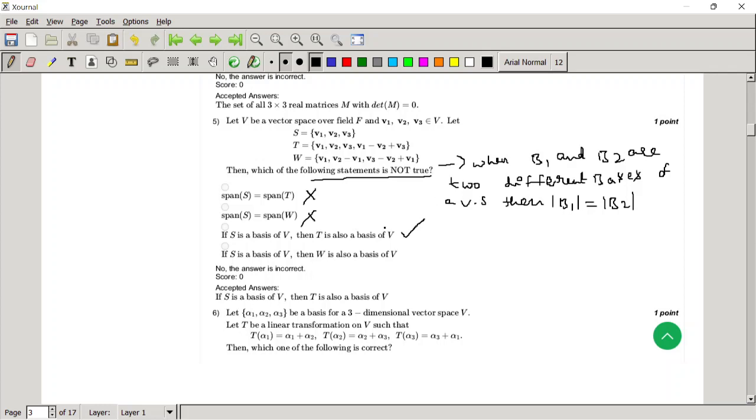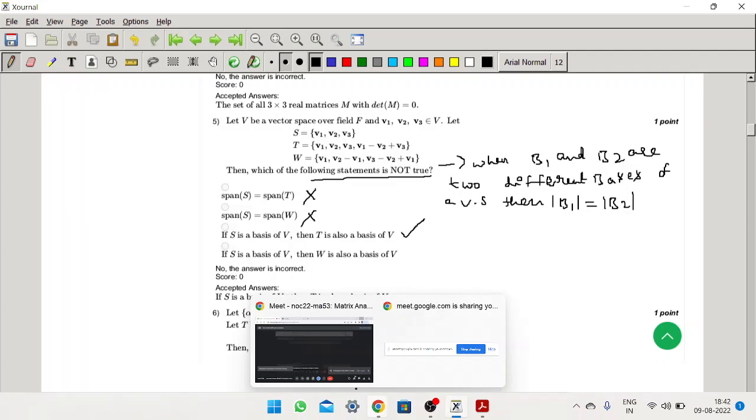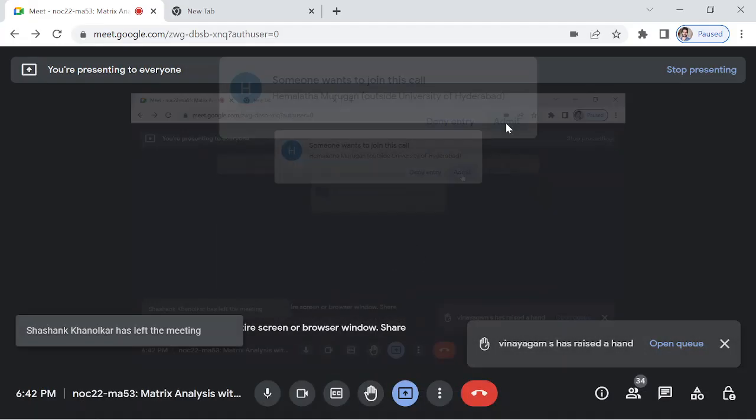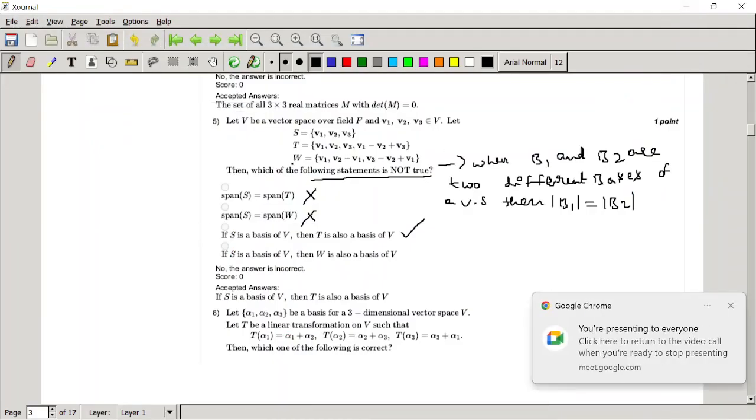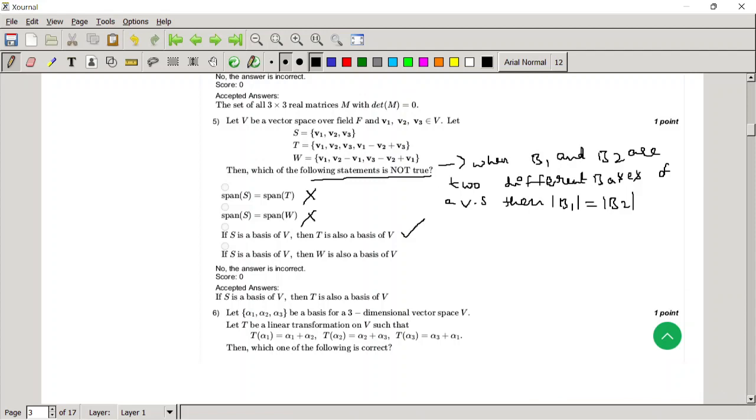Suppose option C is correct, then by this statement we have the cardinality of S equal to the cardinality of T. But you can see the cardinality of S is 3, but the cardinality of T is 4 here, because in T we have 4 vectors: v1, v2, v3, and v1 minus v2 plus v3 also.